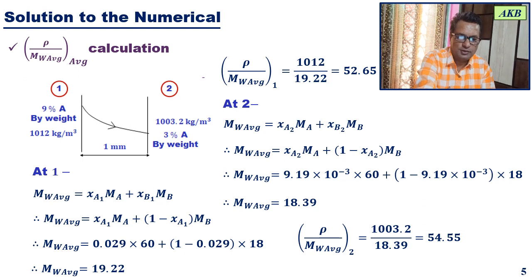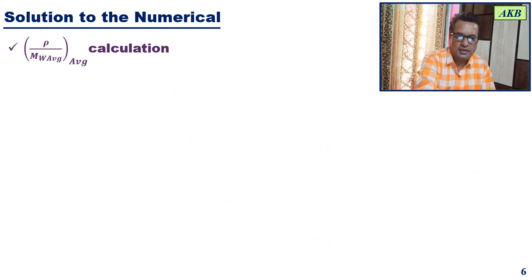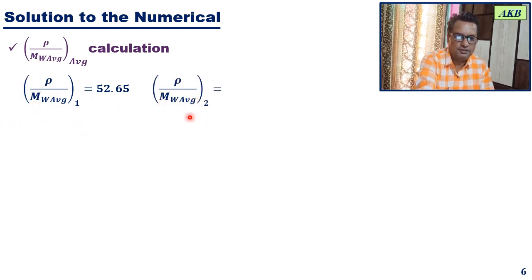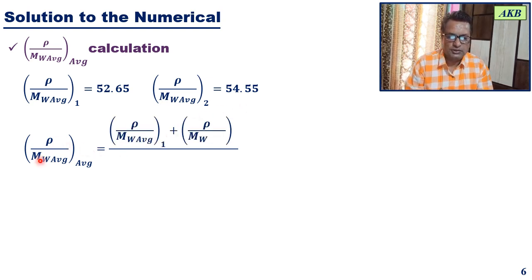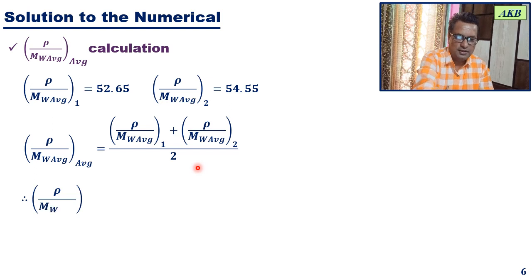Now let us move ahead. We just found out rho upon MW average at 1 is 52.65 and rho upon MW average at 2 is 54.55. Now the average of these values is required for us. So rho upon MW average value will be rho upon MW average at 1 plus rho upon MW average at 2, divided by 2.